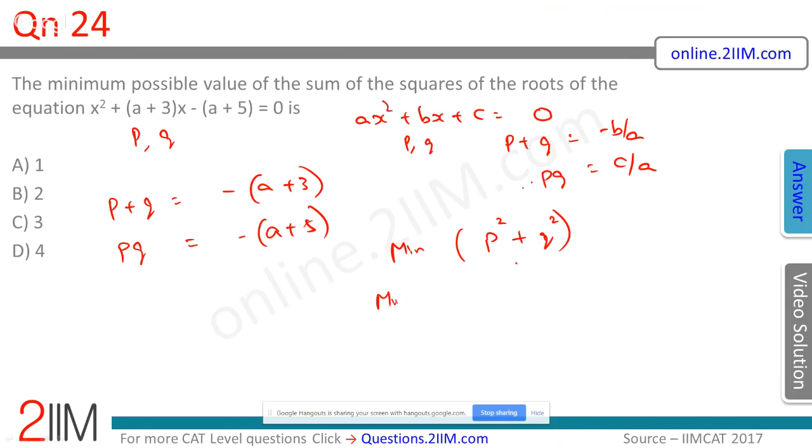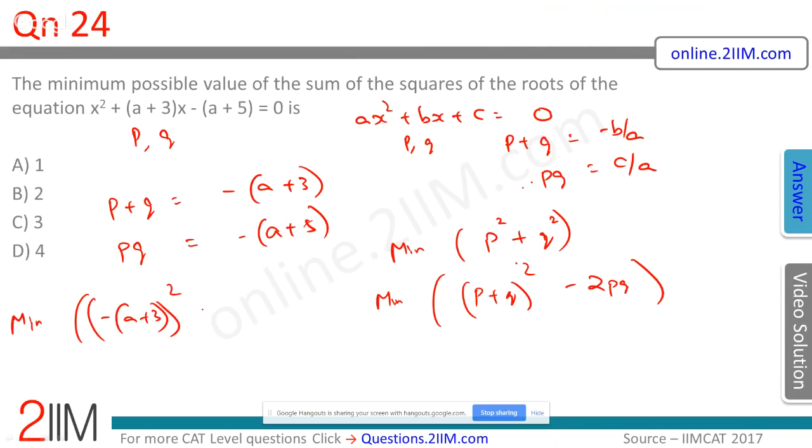So I want to find the minimum value of P plus Q whole square minus 2PQ, or minus of a plus 3 the whole square minus 2 times minus of a plus 5, or the minimum of a plus 3 whole square plus 2 times a plus 5.